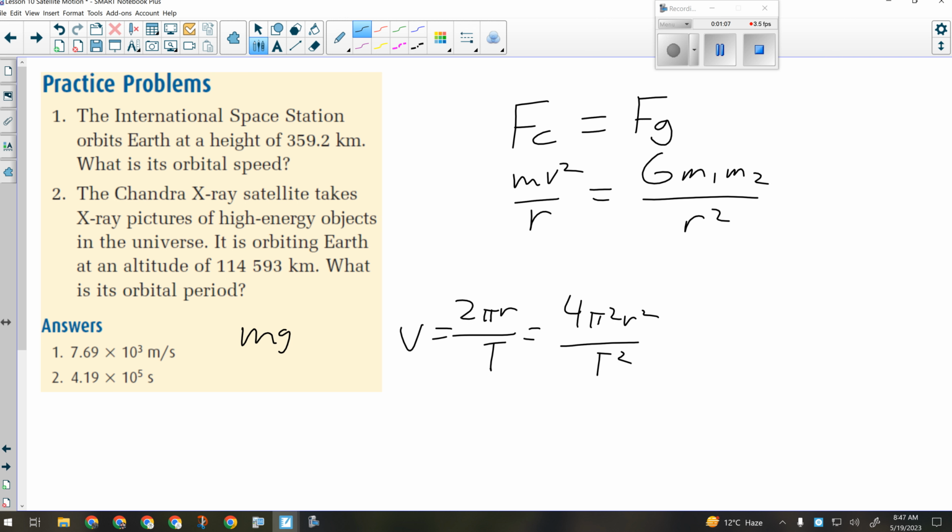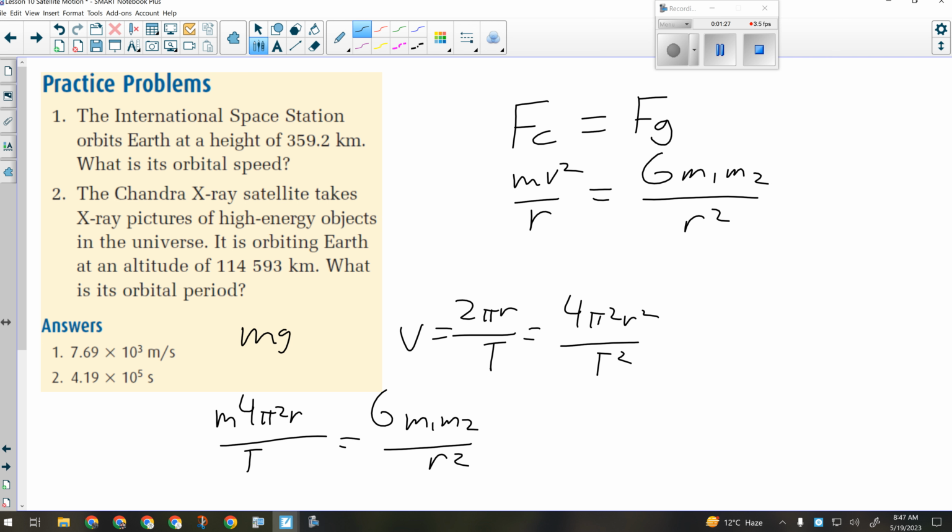We end up with m times 4 pi squared times r squared over t squared times r, but the r on the bottom cancels that one, and we're left with that once it's all substituted in, equal to big G, m1, m2 over r squared.